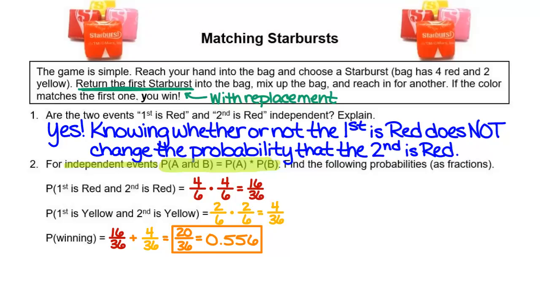There's no way to win by getting 2 reds and at the exact same time on the same turn win by getting 2 yellows. There's nothing in that intersection. These are mutually exclusive events. If you won this way, you didn't win this way. And if you won this way, you didn't win this way. So I can just add them together. I don't have to worry about subtracting back out.